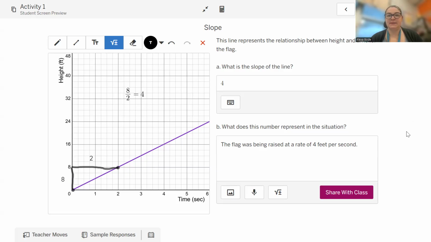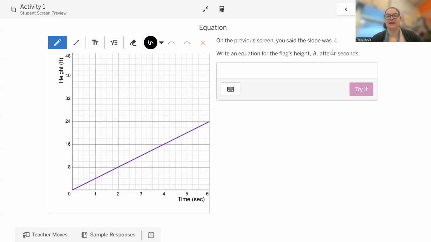Okay. Slide number 3. On the previous screen, you said the slope was 4. Write an equation for the flag's height h after t seconds. So last week, with the turtle scenario, we said the distance for the turtle was equal to 3 feet per second, where t was time in seconds with that turtle, and d was the distance the turtle went.